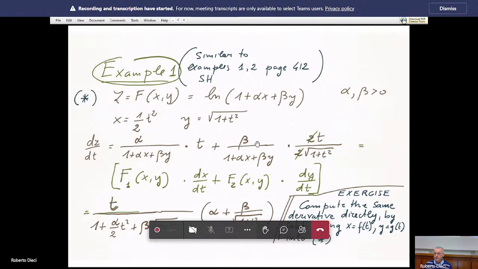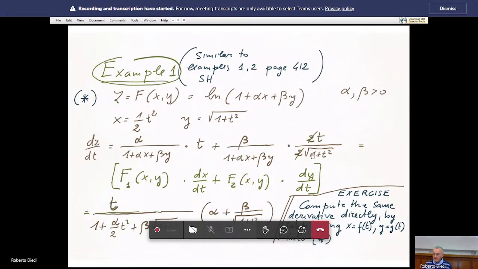Next, plus the partial derivative with respect to y, which is beta over 1 plus alpha x plus beta y, times the time derivative of y with respect to time, which is 1 over 2 square root of 1 plus t squared times 2t in the denominator, because it is itself computed as a chain rule in one variable, okay?